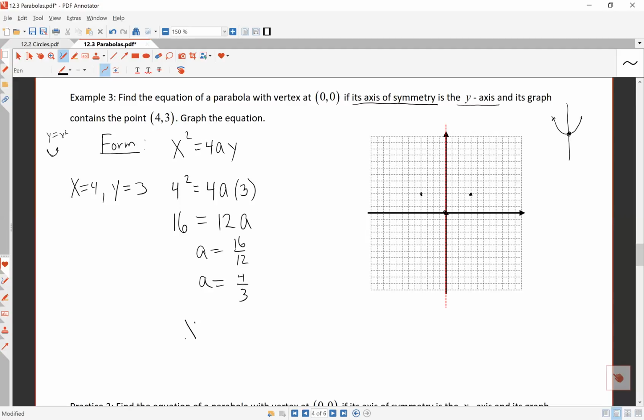So the equation of our parabola is x squared equals 4 times 4/3 times y, or x squared equals 16/3 y. Not a very nice looking a, but that's what happens sometimes. Graphing this equation, we end up with that kind of parabola.